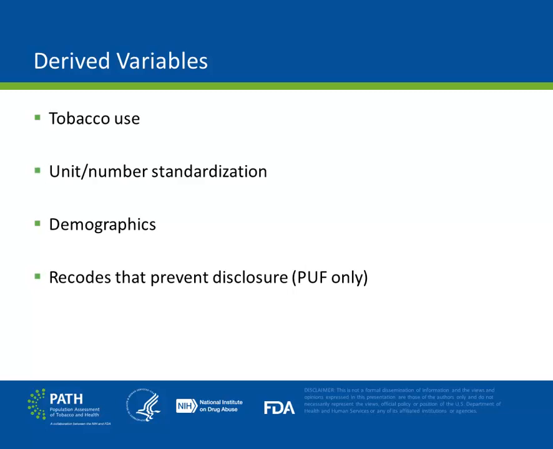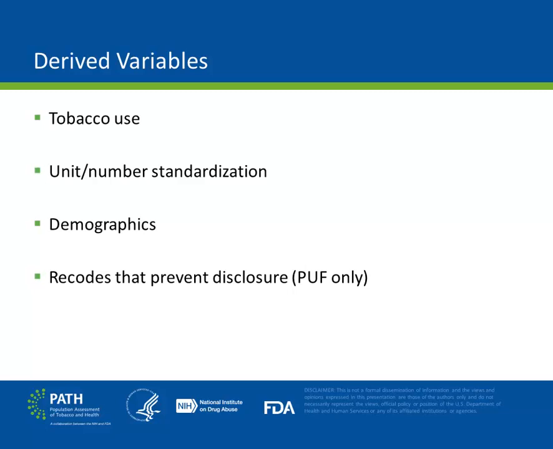The second category is unit number standardization. Some questions allow respondents to indicate their response in the unit of their choice. For example, you can indicate if it has been a certain number of days, months, or years since quitting a specific product. These derived variables would standardize the responses to 1 unit.